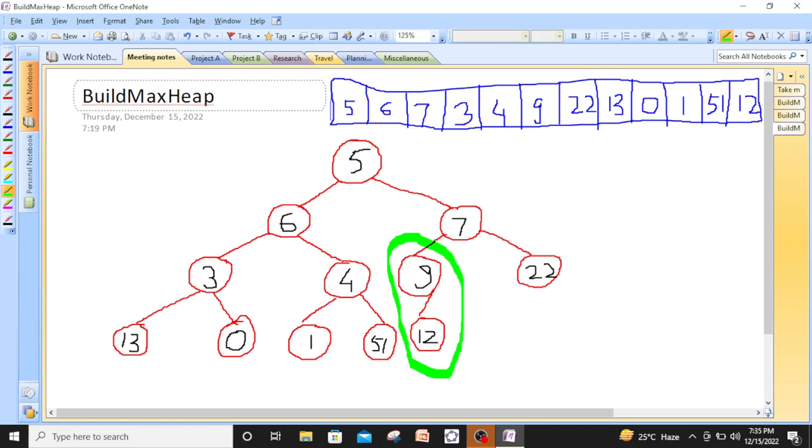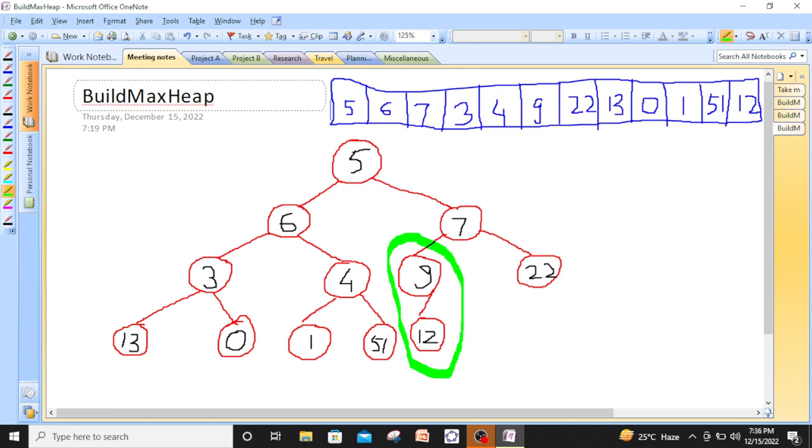Now you see the node 9 with its children, and this part is to be max heapified. What does this mean? This means that here the parent node is 9 and its child is 12, and the parent node must contain the larger value. So here 9 and 12 will be interchanged.